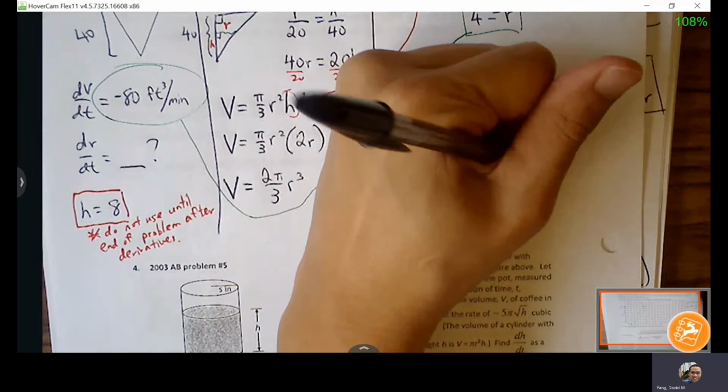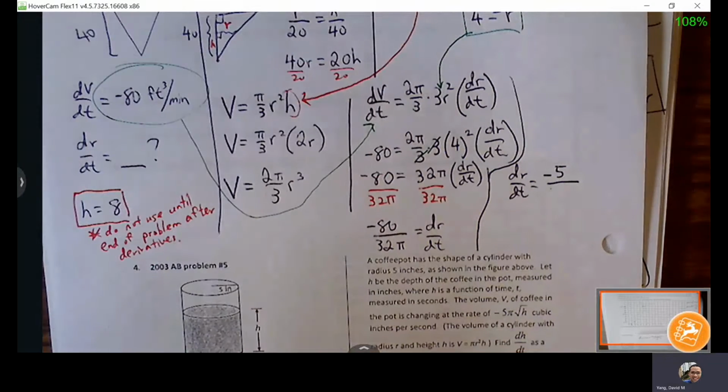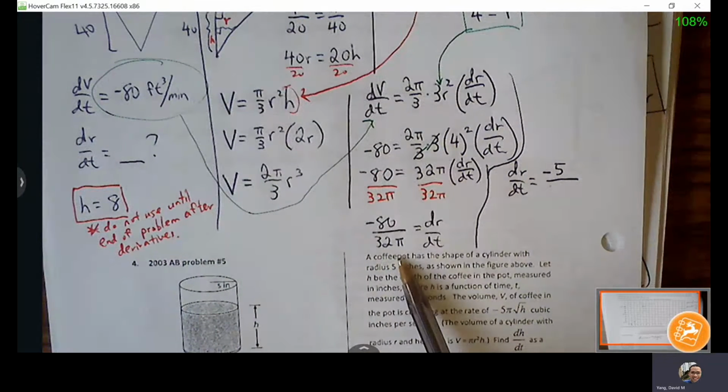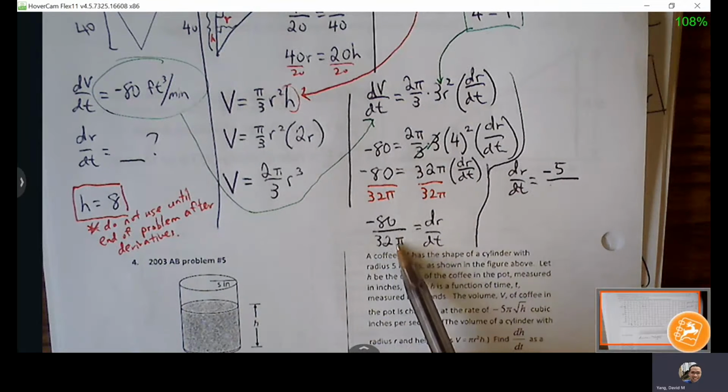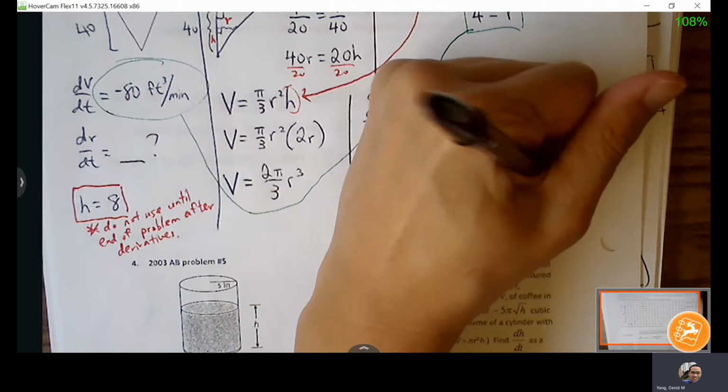Where does the pi go? On the top? Let's stay in the denominator. I know it feels weird in the denominator, but that's where it landed, so that's where it needs to stay. Otherwise, if we bring it up, we're changing the answer.